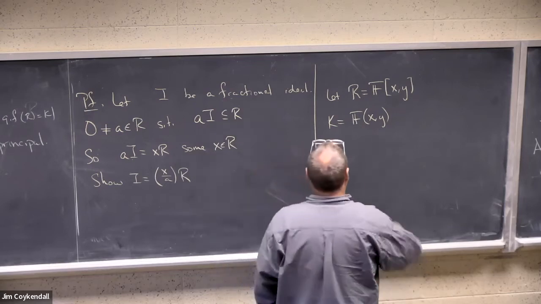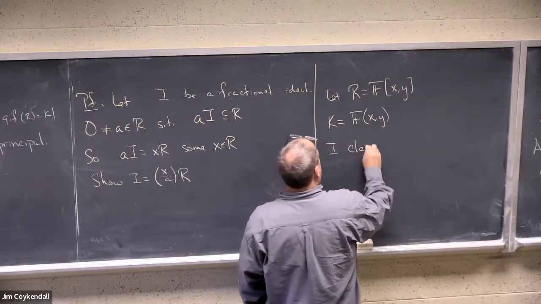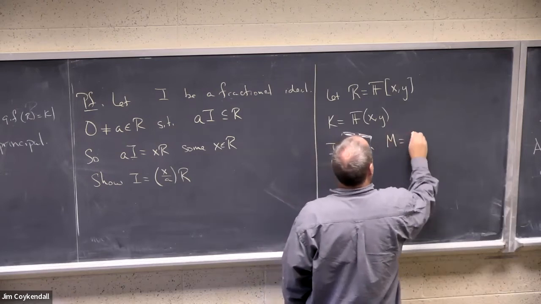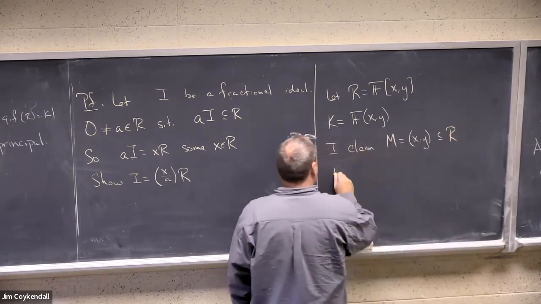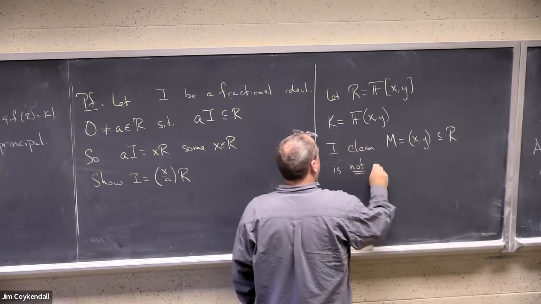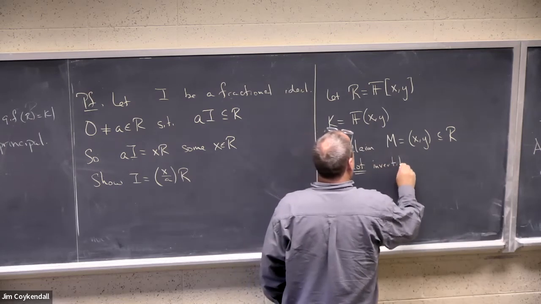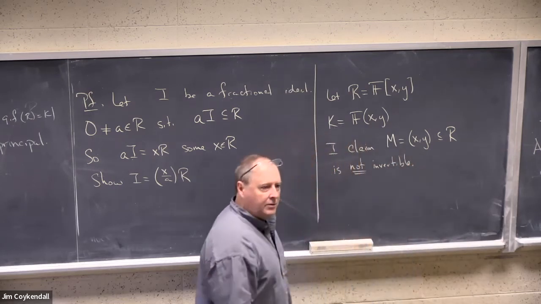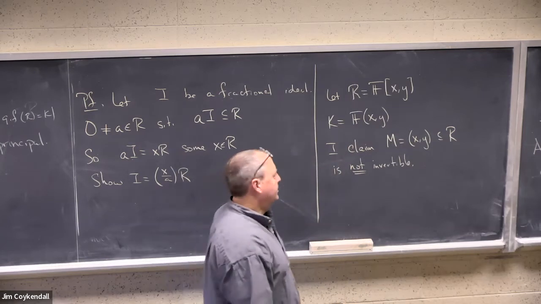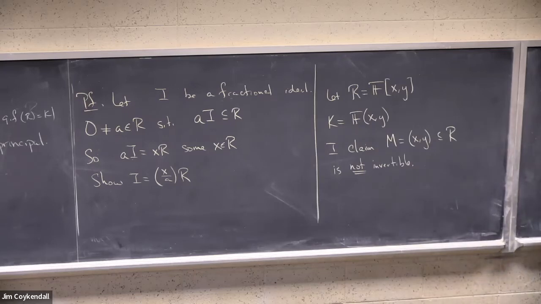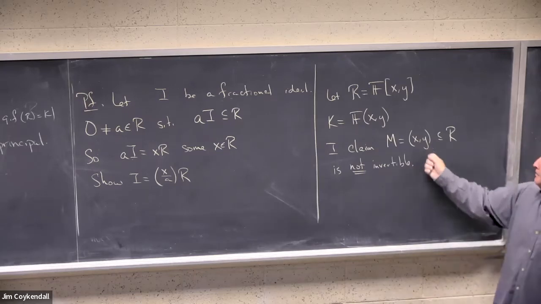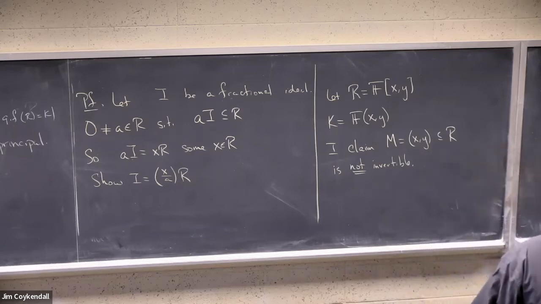I claim the maximal ideal M is not invertible, and I'll try to show you some decent details. Let us figure out what the inverse of this is.